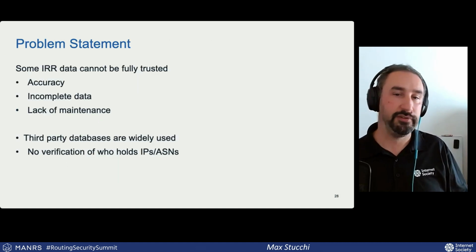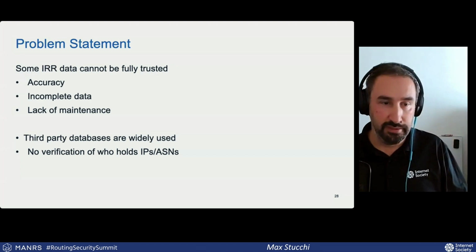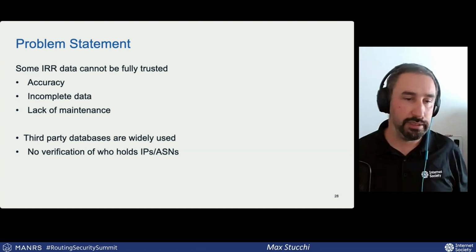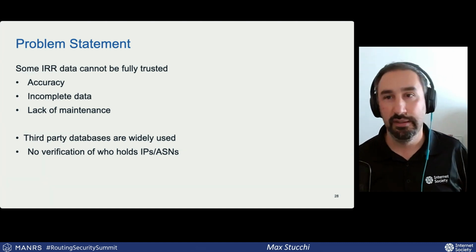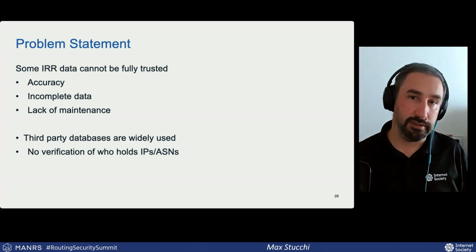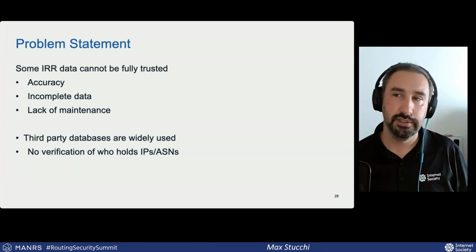Now, the problem is that some IRR data cannot be fully trusted. There is a lack of accuracy. Sometimes you have incomplete data. There's no maintenance. Me and Aftab, a colleague at ISOC, have done a bit of investigation over this.